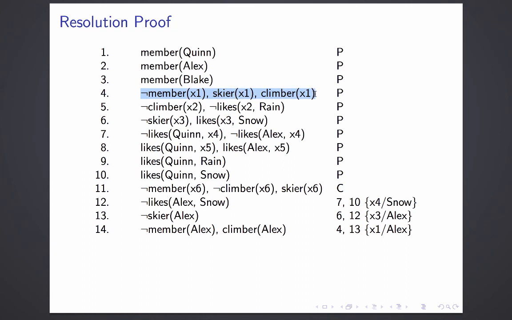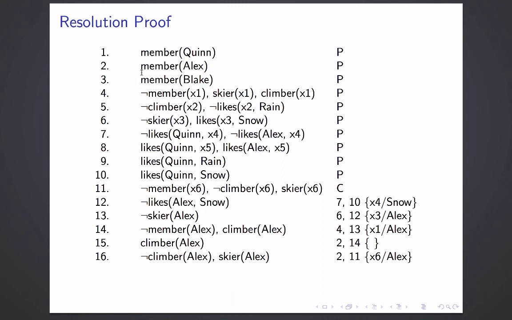So X1 is going to bind with Alex, and then I substitute Alex for X1 in the remaining predicates, and I get not member Alex, climber Alex. Now I can resolve 2 and 14, so member and not member Alex, and that leaves the predicate climber Alex. So I have an empty substitution list.